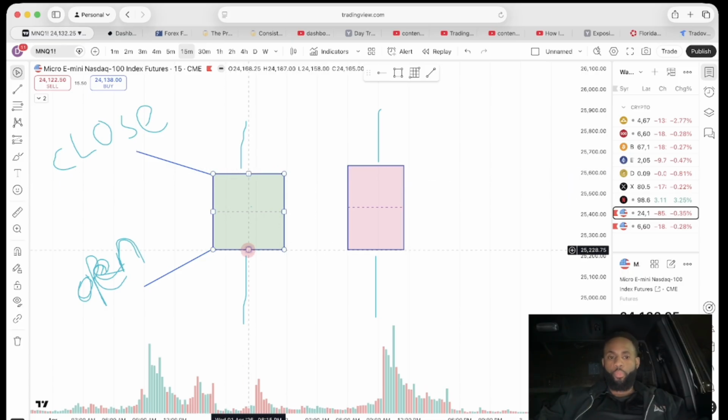So this is the opening of the 15-minute candle, the 15-minute up candle. Remember, this is the green candle. So the 15-minute opens. Boom. We open right here.